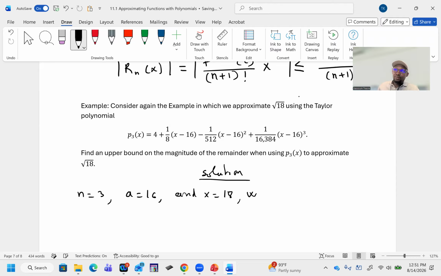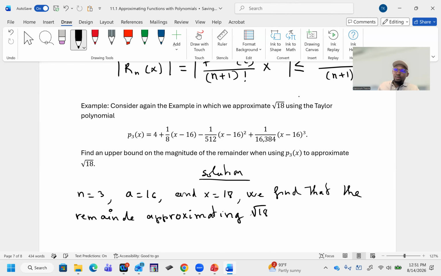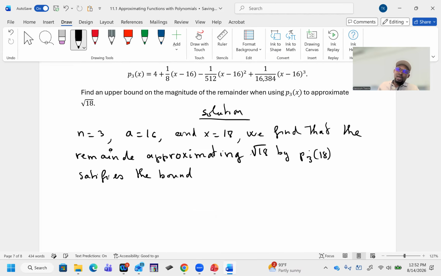So we found that the remainder approximating square root of 18 by P sub 3 of 18 satisfies the bound: absolute value of R sub 3 of 18 should be less than or equal to what?